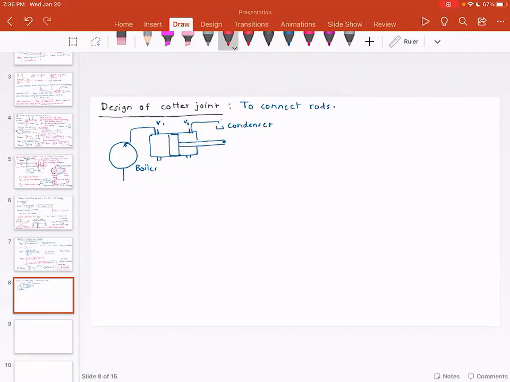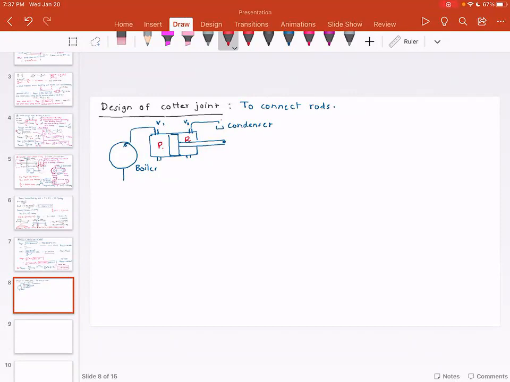Or you could have a double acting where the steam can go from the piston side. This is called the piston side, and this is called the rod side. So you can have hot steam doing work from the piston side as well as on the rod side.